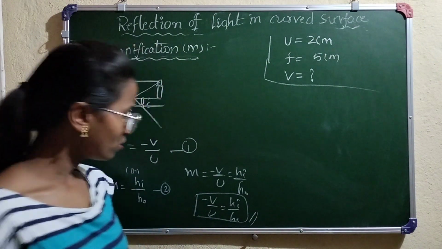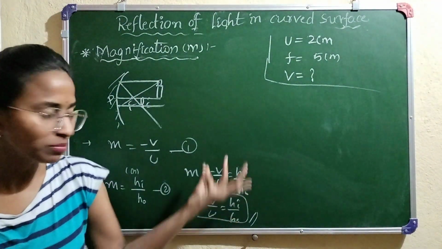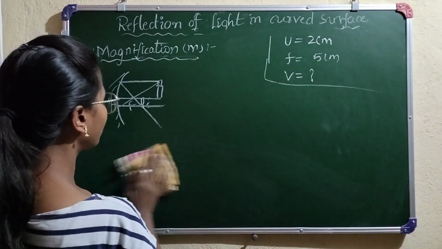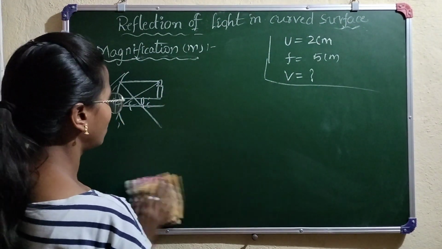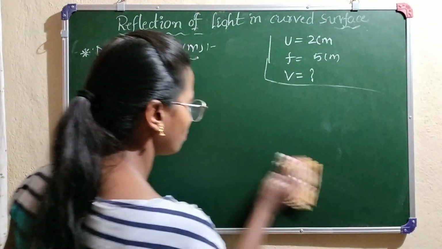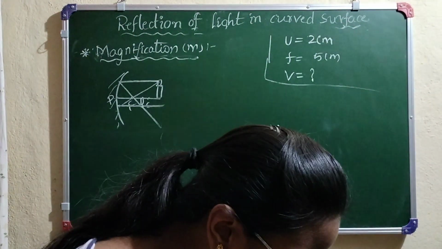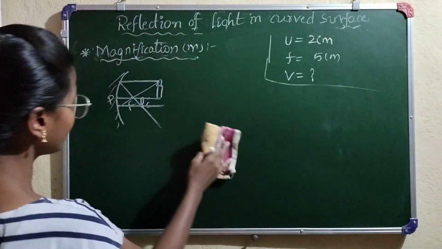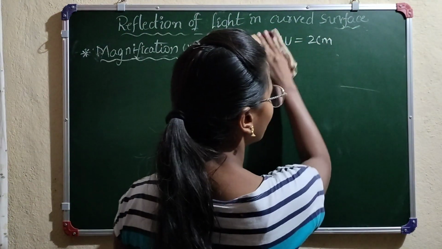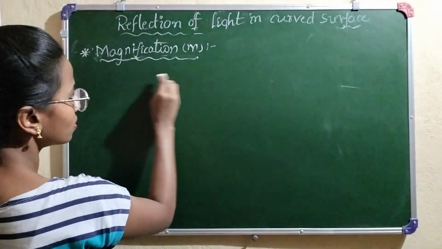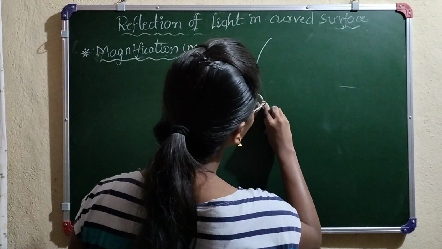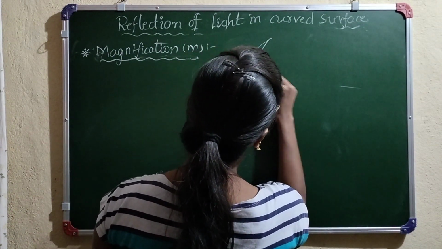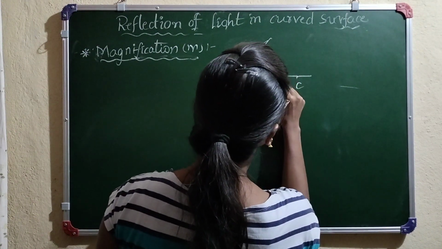So now let me tell you why we are getting minus v. From a small derivation, let me explain that to you. Let me take the same thing here and draw a bigger diagram. This is the pole, center of curvature, focus.